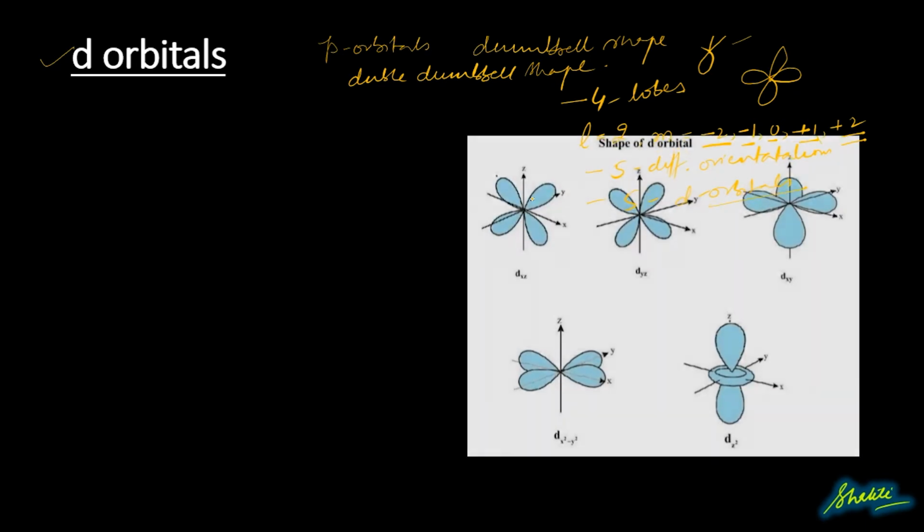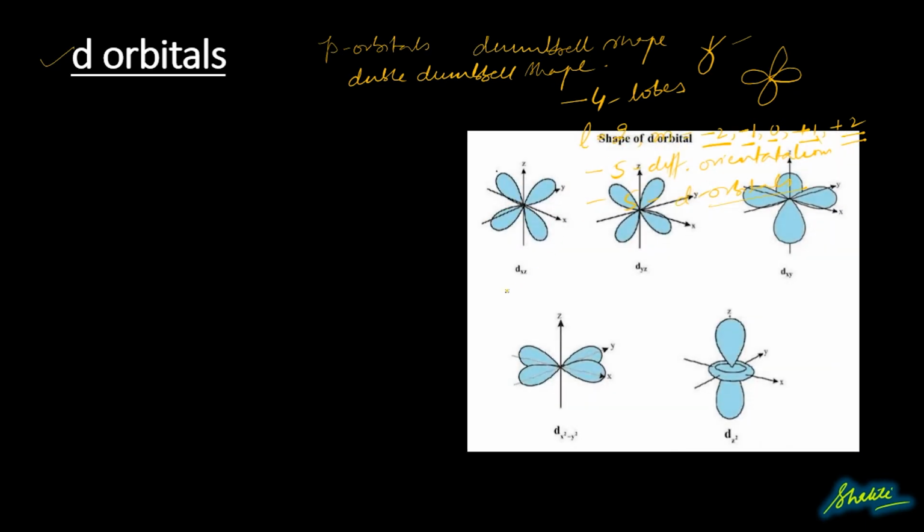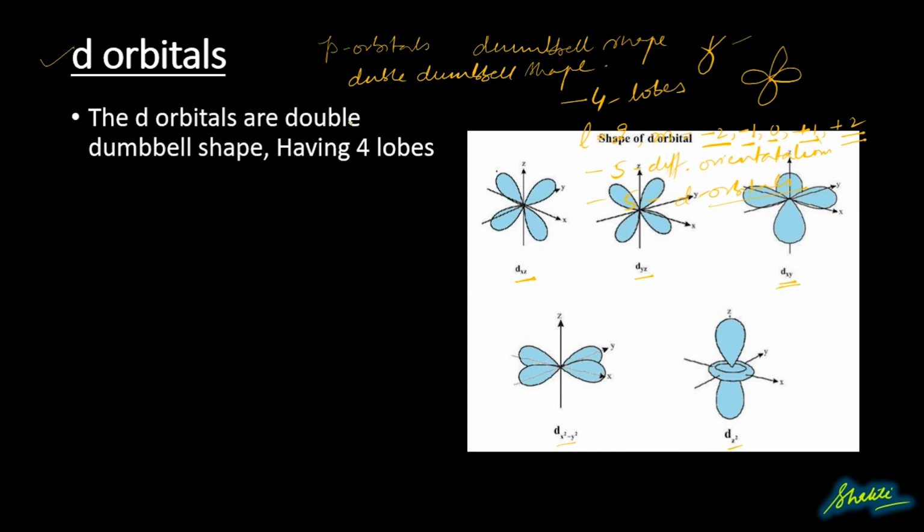So these are the shapes of d orbitals, and dxz, dyz, dxy, dx square minus y square and dz square are the 5 different d orbitals. And the d orbitals, as I have told you, are dumbbell shaped and have 4 lobes. If l equal to 2, the different 5 orientations are -2, -1, 0, +1, +2.